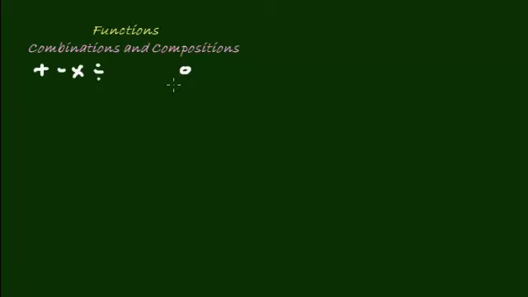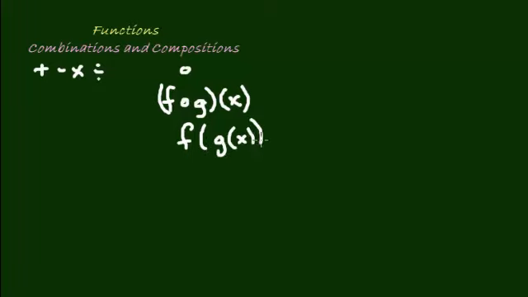Sometimes you'll see composition of functions listed as f composed with g of x. And sometimes you'll see it written just like this, f of g of x. Both mean exactly the same thing.